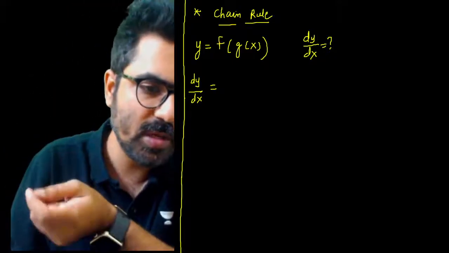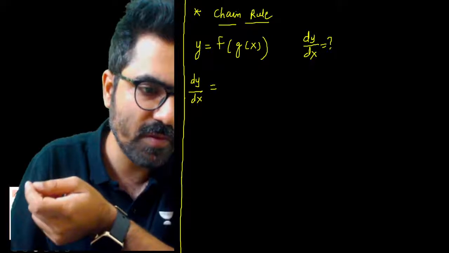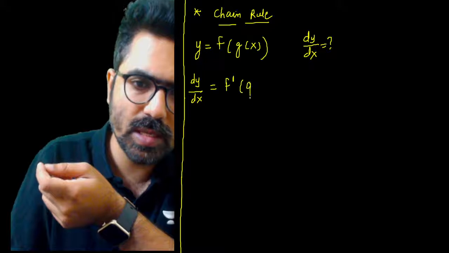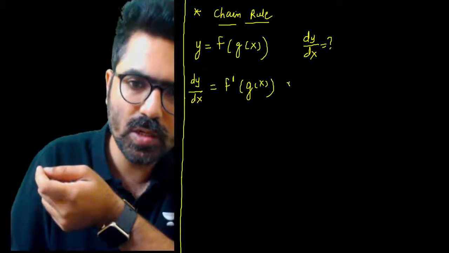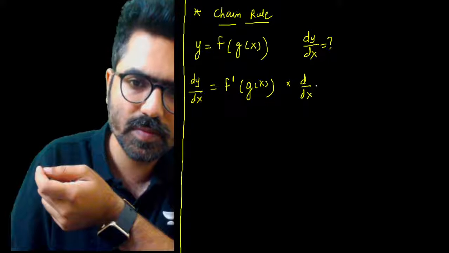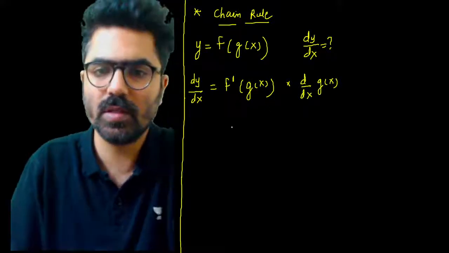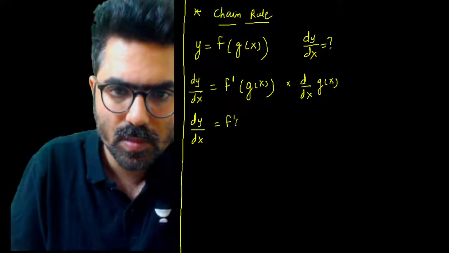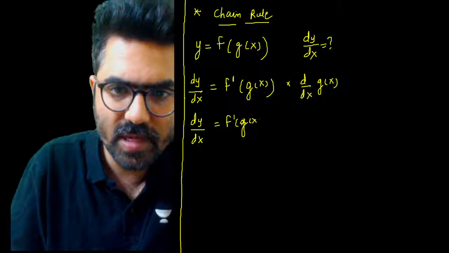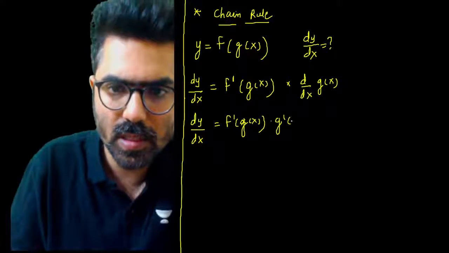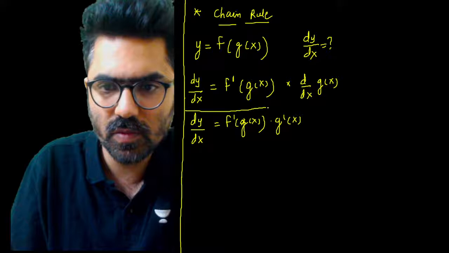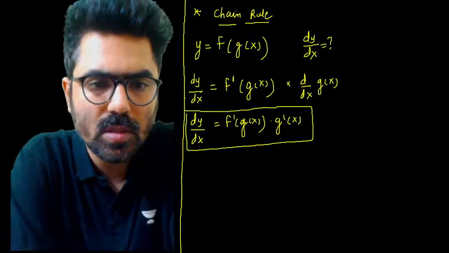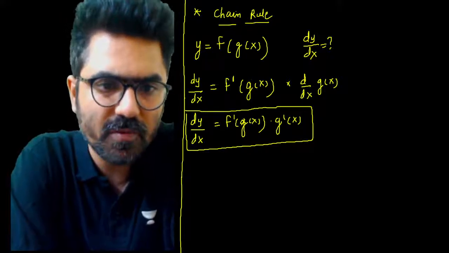The derivative of f is f dash. Keep that g as it is, into the derivative of g of x. So this results into f dash of g of x into g dash of x. This is the derivative of the composite function f of g of x.